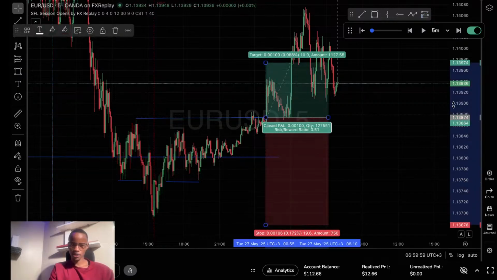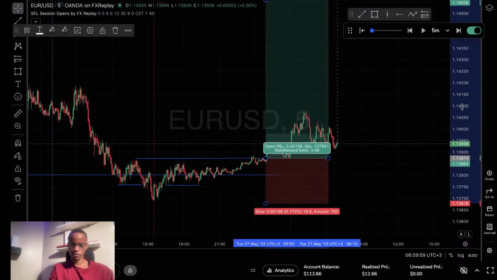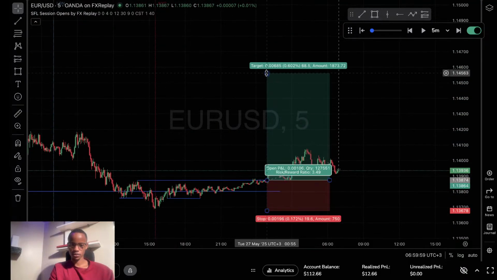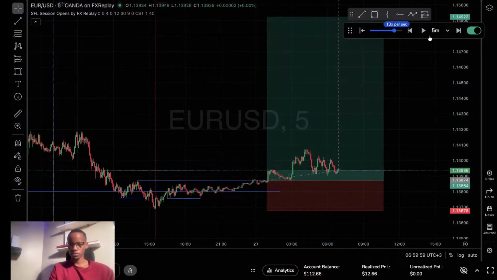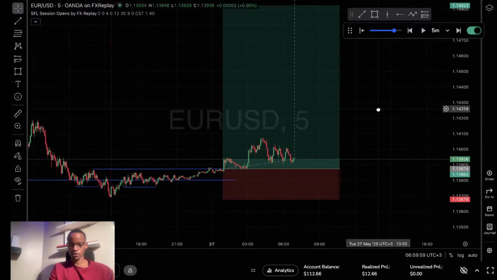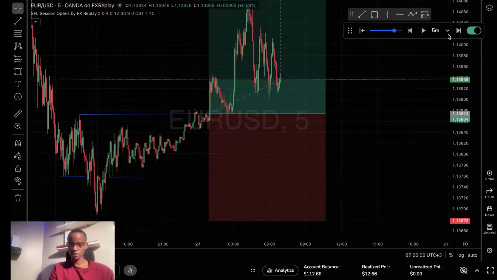So we would have something like this. Sure, that's the swing trade, but we can still have a scalp in between here.